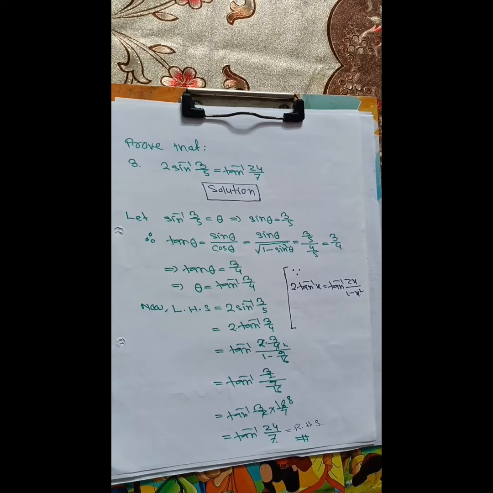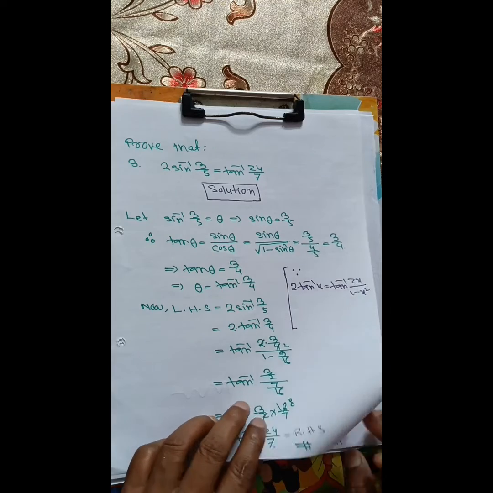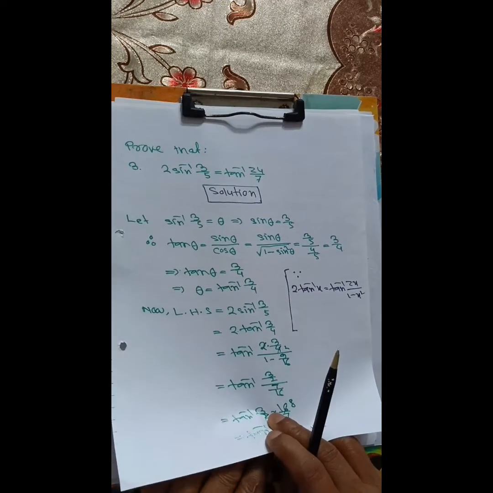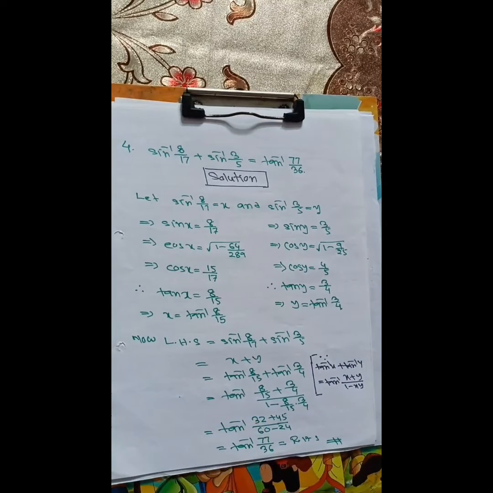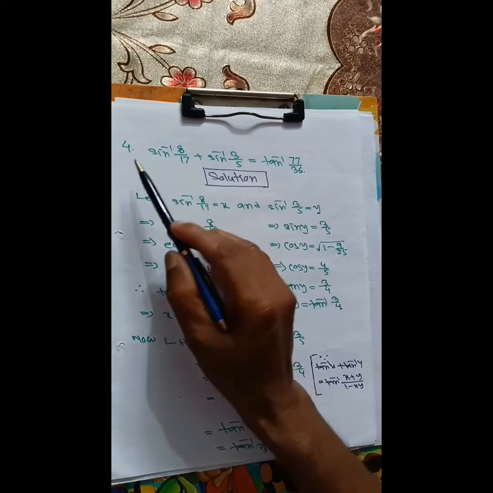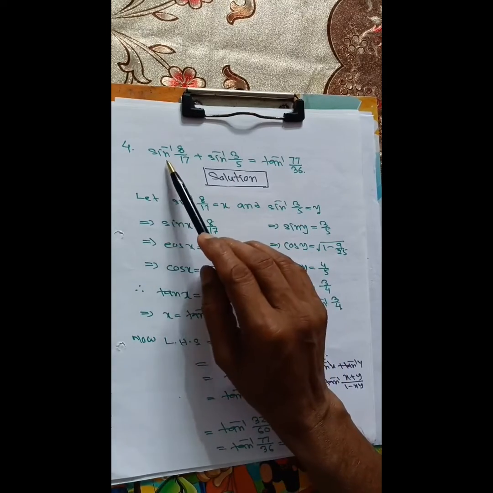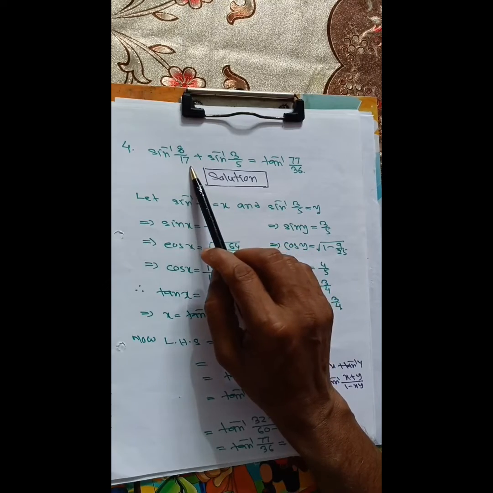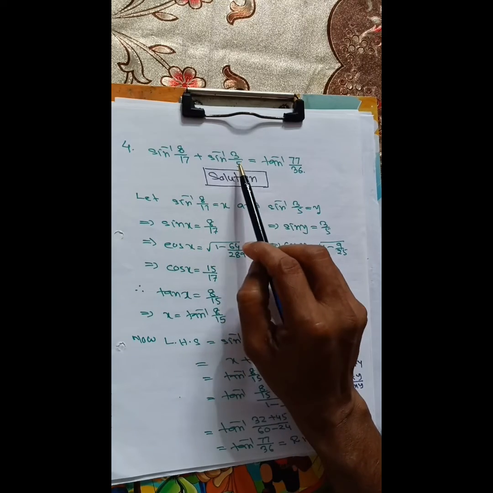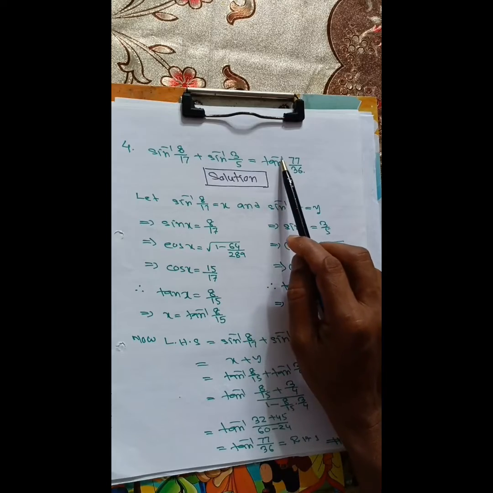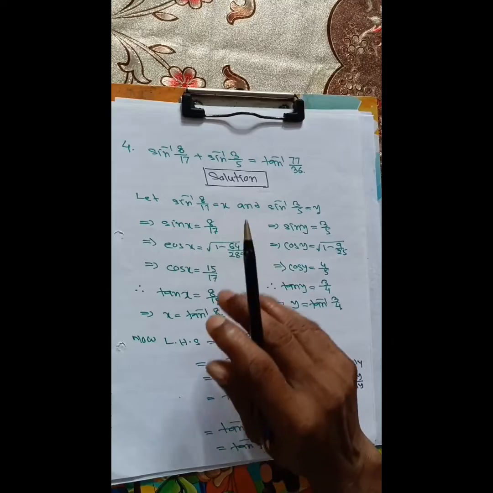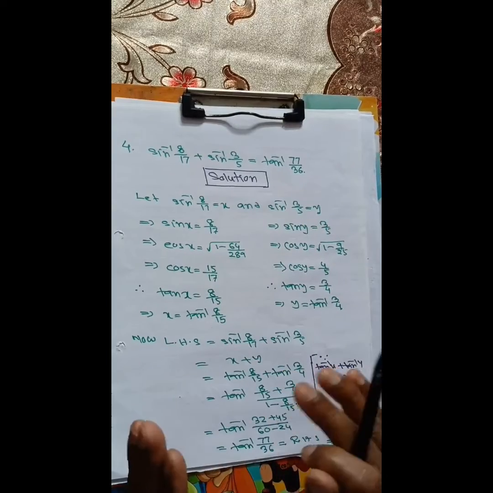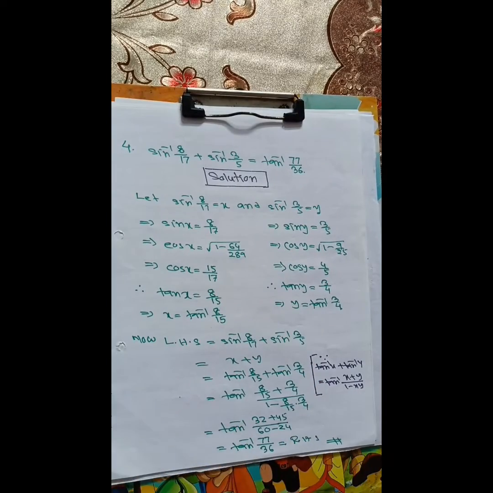That is solved. Now we are going to discuss the next problem, that is problem number 4. In problem number 4, it is also given, prove that sin inverse 8/17 plus sin inverse 3/5 is equal to tan inverse 77/36. For the solution, what will we do, ध्यान से देखो.